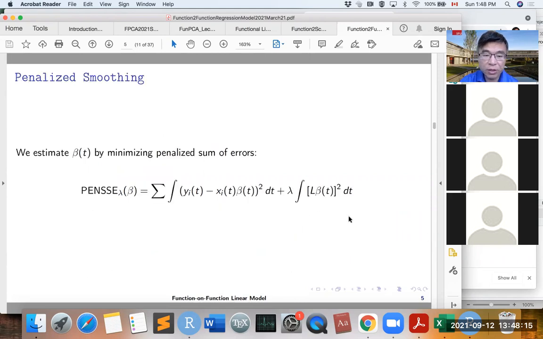So what we typically do is we will add in another roughness penalty, which we typically define as the second derivative of the beta t. This is very similar to the functional scalar regression.